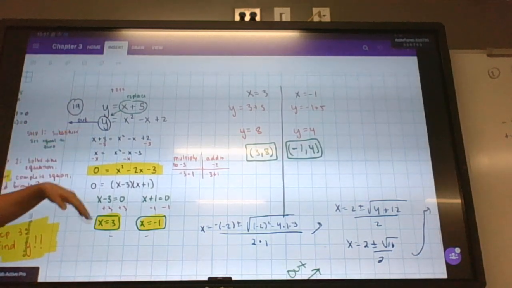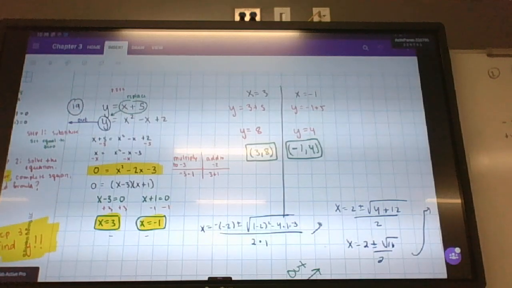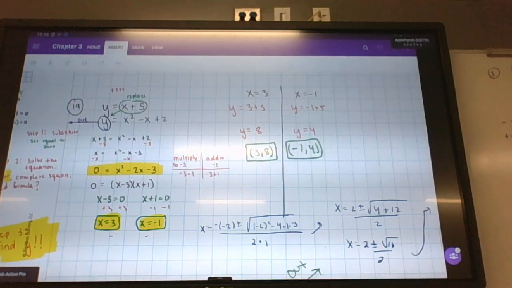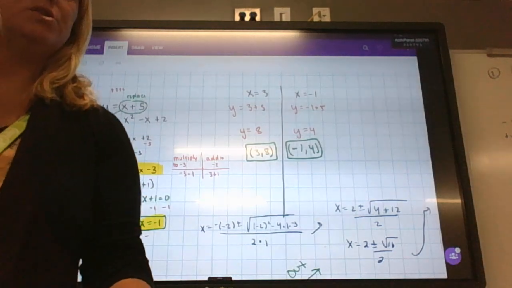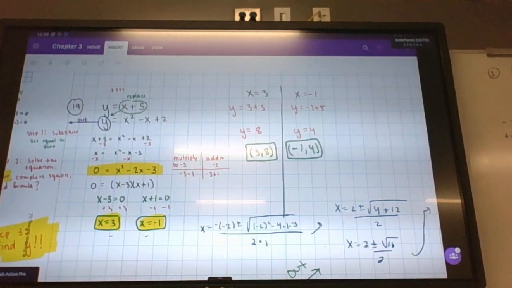Does anybody have a question about number 19? Does anybody have a question about any of the 3 math substitution problems in the assignment yesterday?